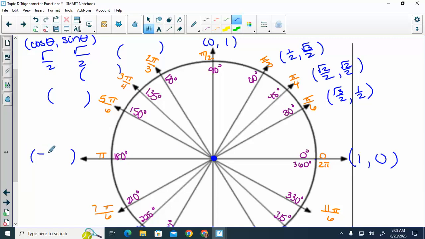If you're applying ordered pairs in the second quadrant, the x is negative, so that means all these cosines are negative. In the third quadrant, what's true?